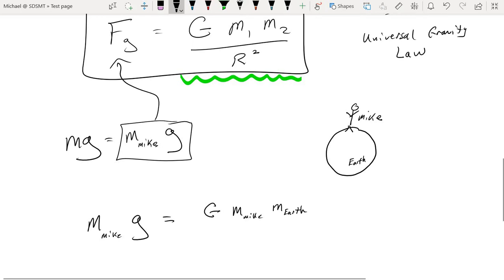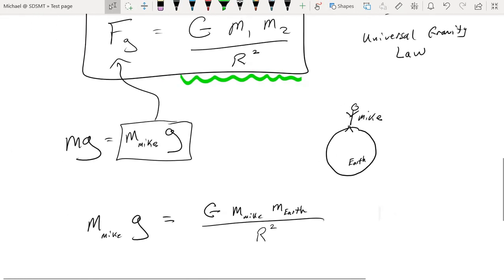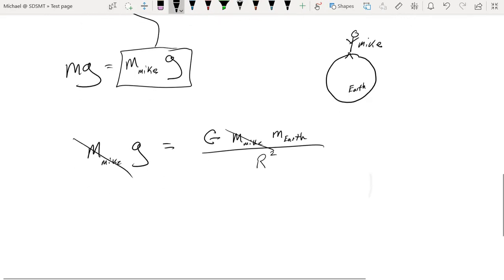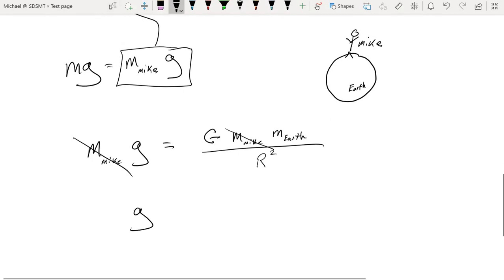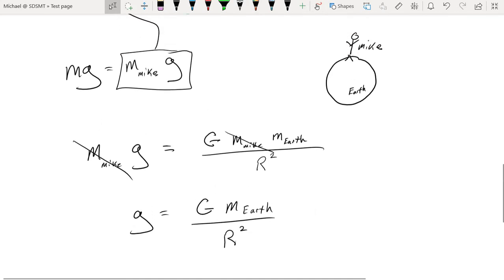I can Google that if I need to, and then distance between us squared. Okay. Well, now if you look, my mass is on both sides of the expression, and so I don't have to embarrass myself and tell you how much my mass is, because everything in this expression is now going to reduce and basically just tell me what the measure of the acceleration of gravity is at the Earth's surface.